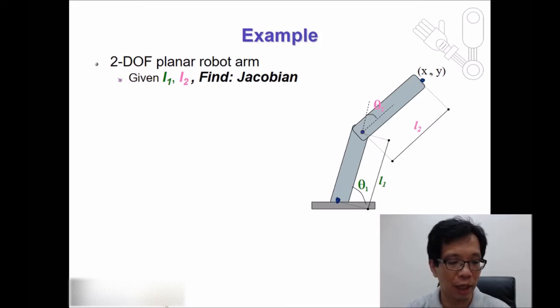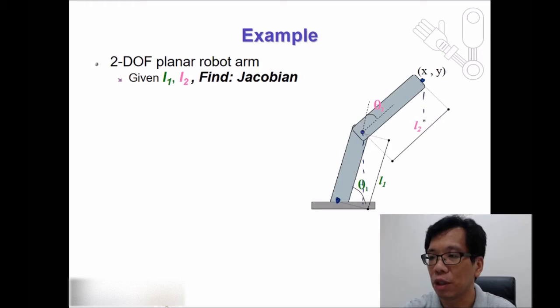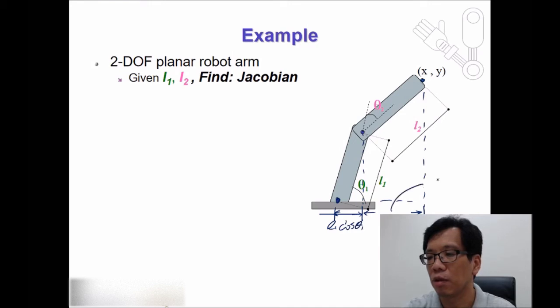So we will need to know the geometry, the distance here. This one is, of course, L1 cosine theta 1. This one is L2 cosine of theta 1 plus theta 2.